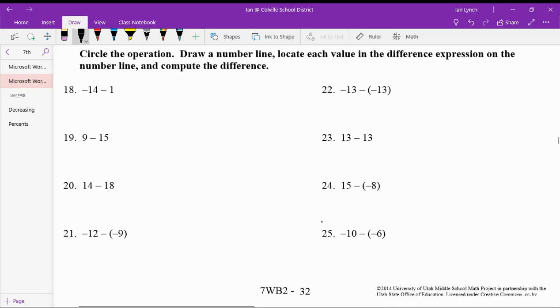All right, I'm going to do some of the hard ones. Let's do 21. So if we draw a number line here, I'm going to put negative 12 right here, negative 11, negative 10, negative 9, negative 8, negative 7, negative 6, negative 5, negative 4, negative 3, negative 2, negative 1, 0.